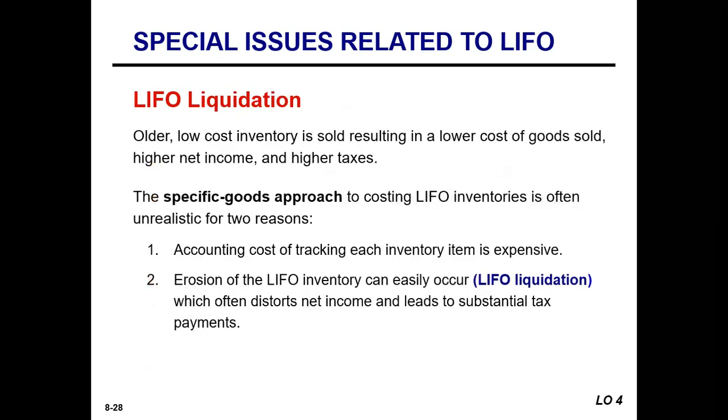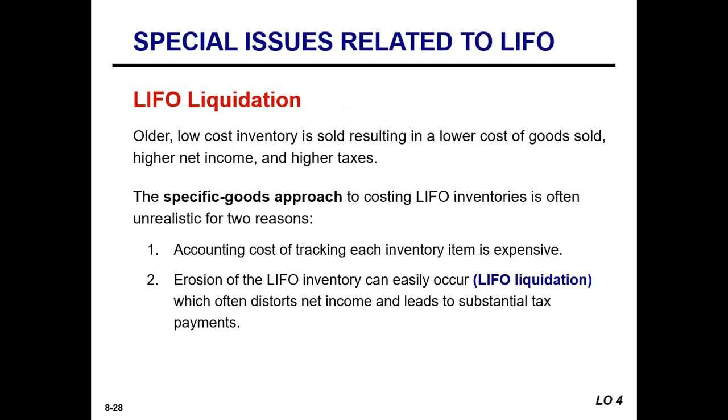LIFO liquidation, it talks about the disadvantages of LIFO liquidation in the book. With LIFO, we can have some of those older goods in ending inventory that did not cost us as much. But then when we eventually liquidate or sell these goods, we're selling them at current prices.